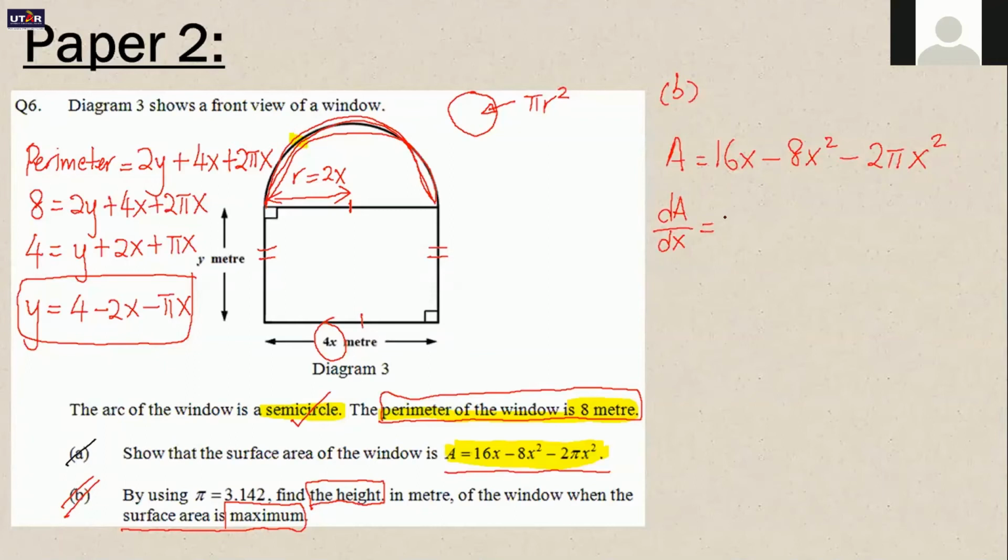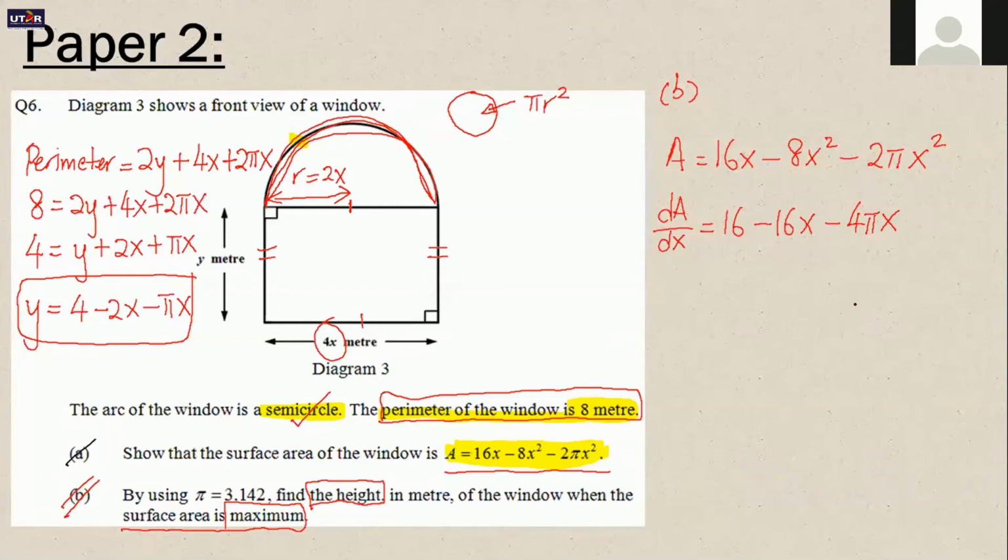Differentiating, we have 16, minus, differentiate the second term, we have 16x. Differentiate the third one, we have negative 4 pi x. Of course, you can substitute pi as 3.142 right here or after that, it's okay.